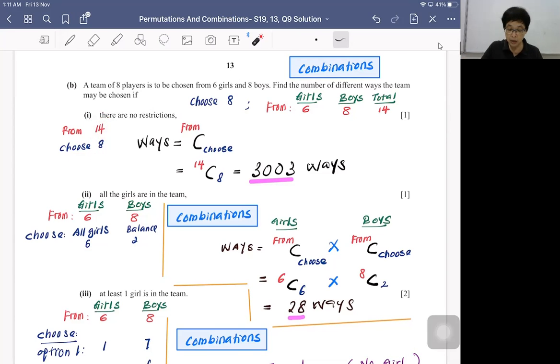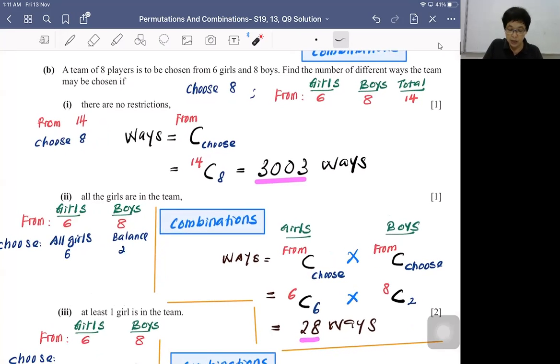And in the notation of nCr, I have simplified the meaning: n is the number of choices, and r is how many items you have to choose from the n. Substitute the information given to us: from 14, we are going to choose 8.